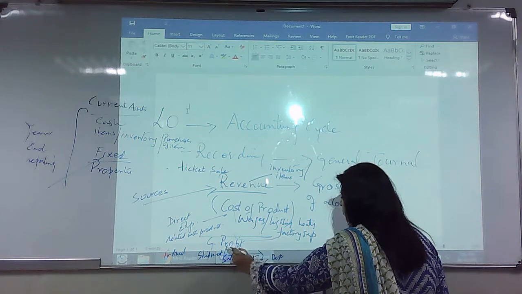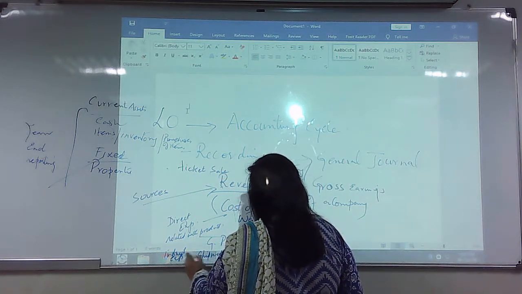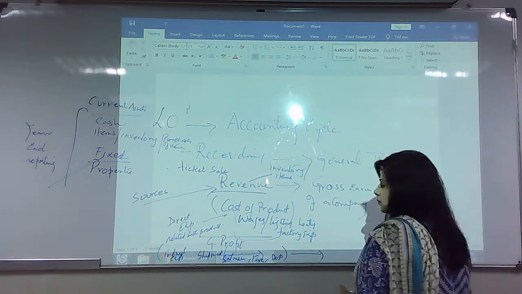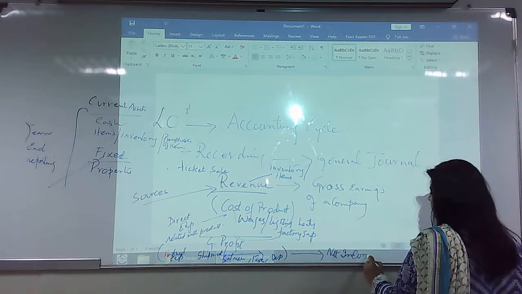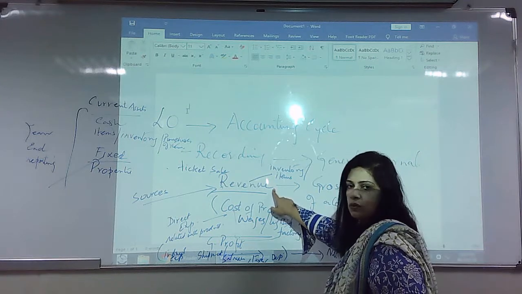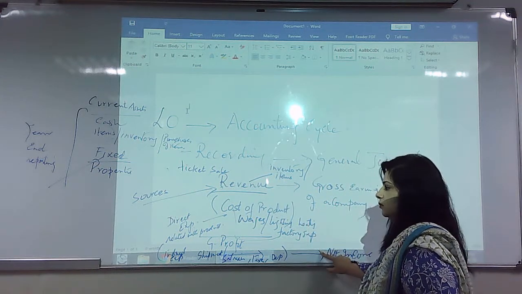Then when you subtract those from gross profit, you end up with net income. Okay, so this is net income. Now you understand that when all expenses are taken out from the revenue, we arrive at the figure which is known as net income.